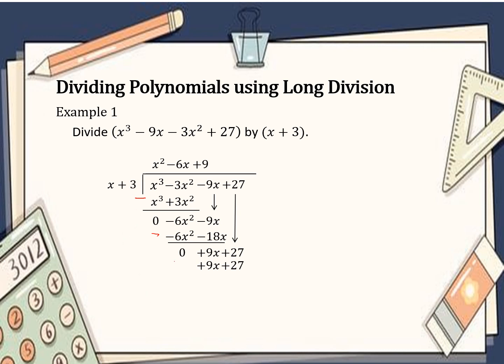After multiplying, proceed to subtraction again. 9x minus 9x is 0, and 27 minus 27 is 0. Therefore, the quotient we obtained is x squared minus 6x plus 9.